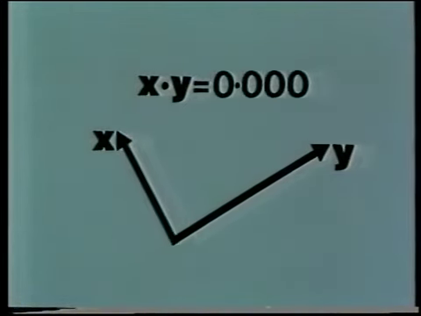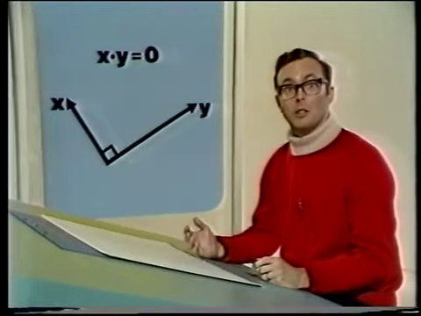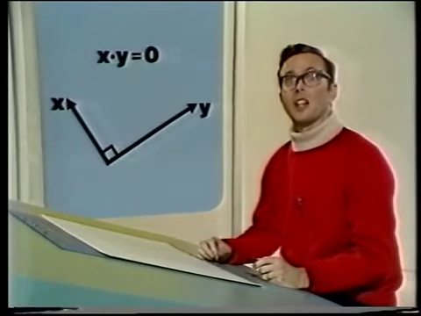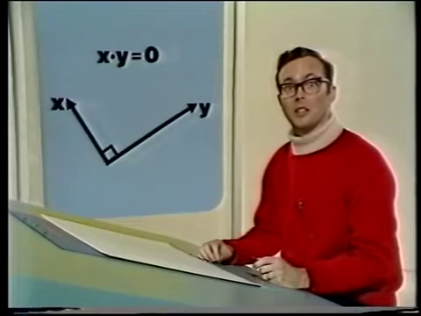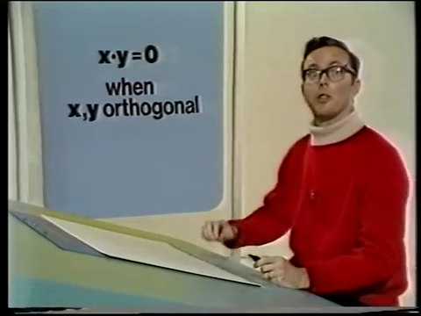And when x and y are at right angles, this projection of x onto y is 0, so x dot y is 0. So when x and y are at right angles, their dot product is 0. Well, we can actually take this as our definition of orthogonality. We say that 2 vectors are orthogonal if their dot product is 0.